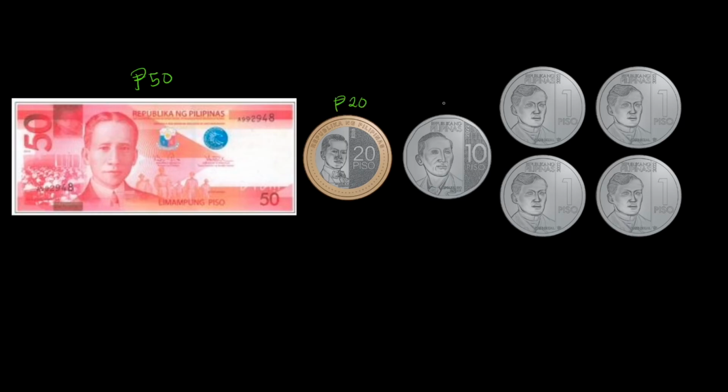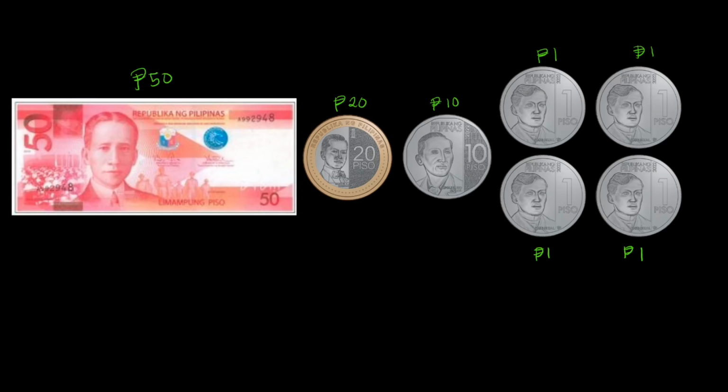And this particular coin is worth 10 pesos. These 4 coins here have the same denomination, which is 1 peso. So, the money that we have is one 50 peso bill, one 20 peso coin, one 10 peso coin, and four 1 peso coins.